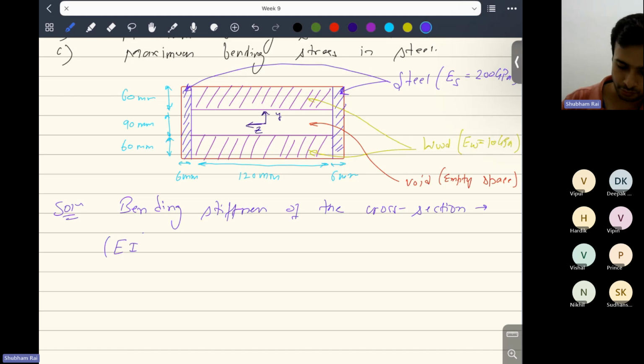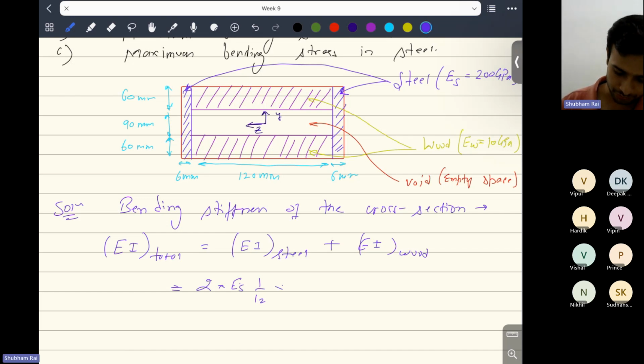So EI total will be EI steel plus EI wood. And EI steel, what will that be? That will be twice of E steel times I, which will be 1 by 12, and b is how much?